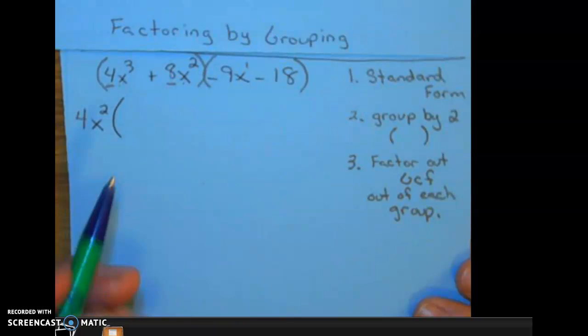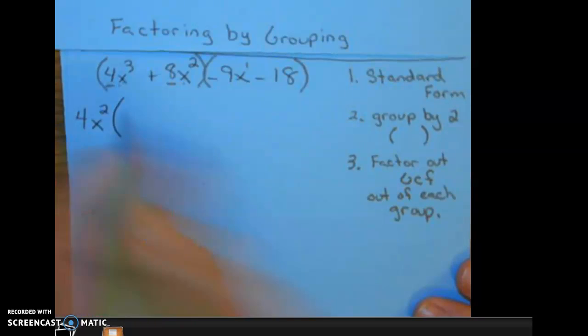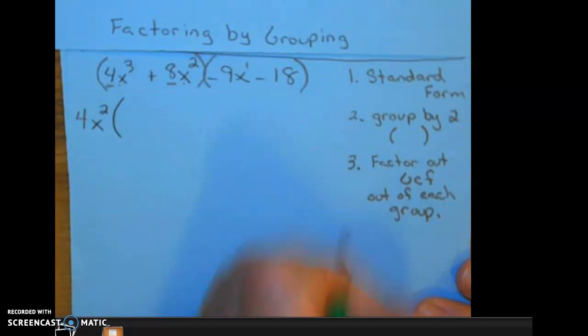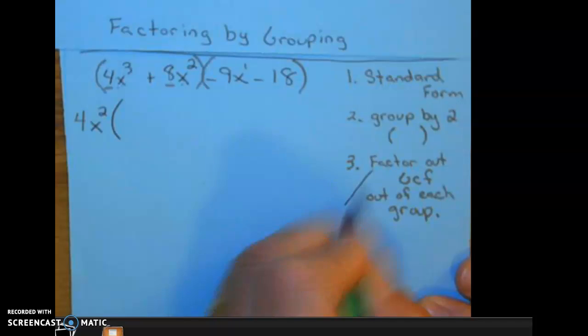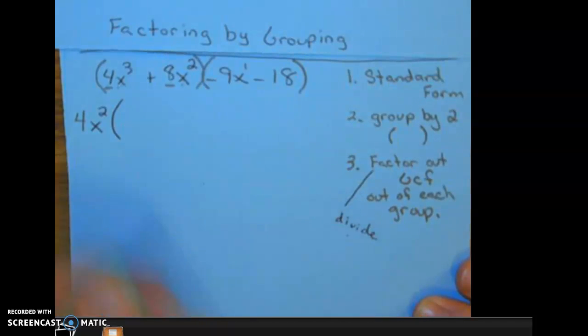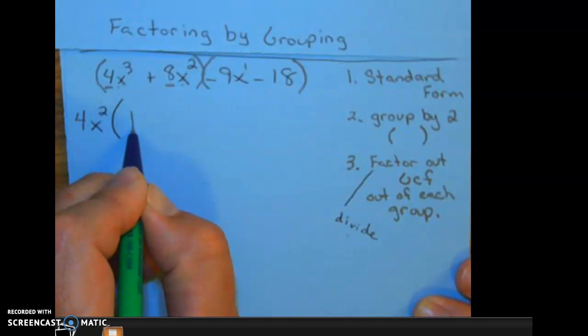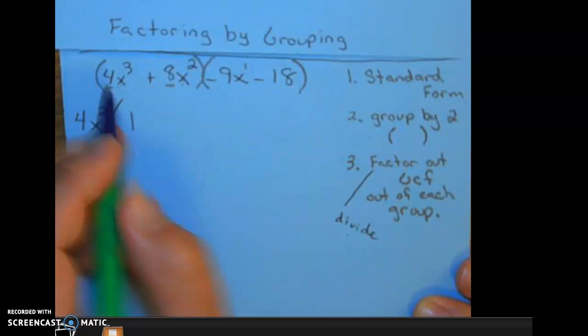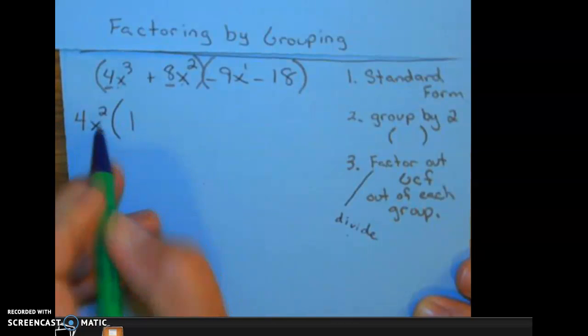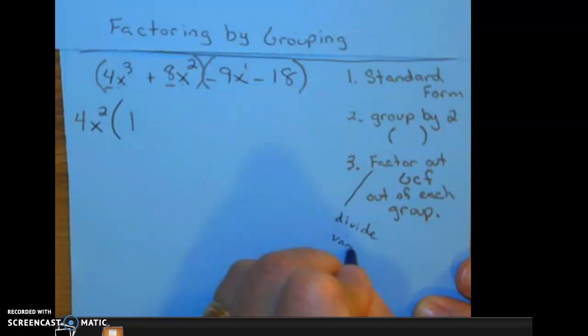Now we're going to start by dividing. In order to factor, remember factoring means to divide. 4 divided by 4 is 1. When you're dealing with a variable, you subtract.